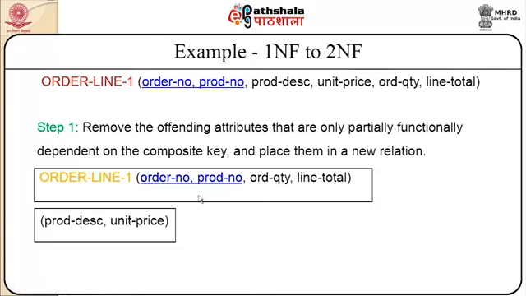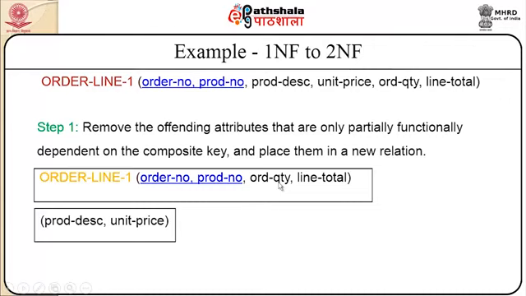Now I want to make it a separate relation, but to do that I need a primary key which was in the original relation. By taking product number out of the original relation, this makes it fully functionally dependent.